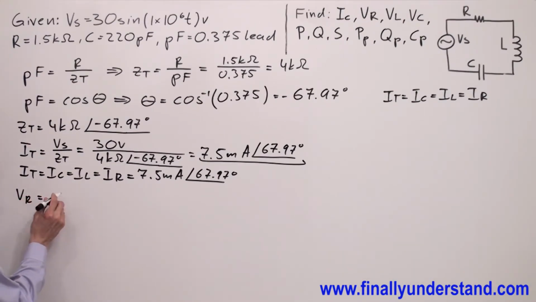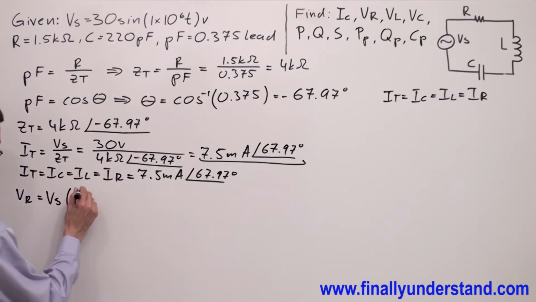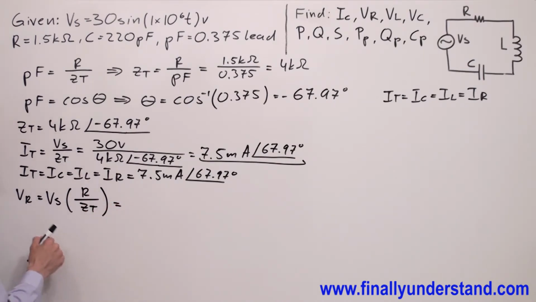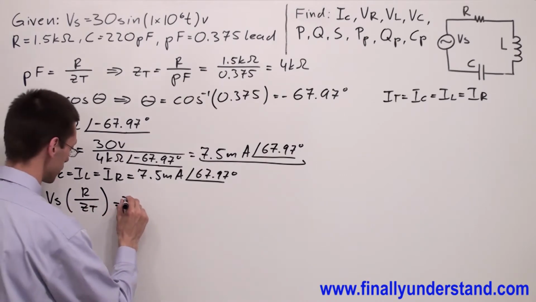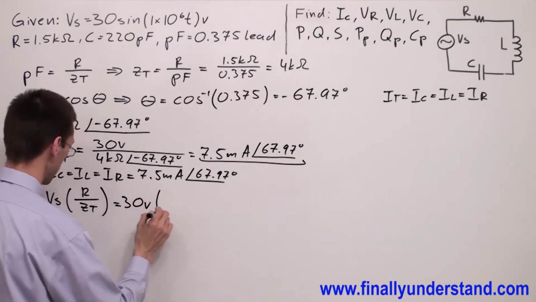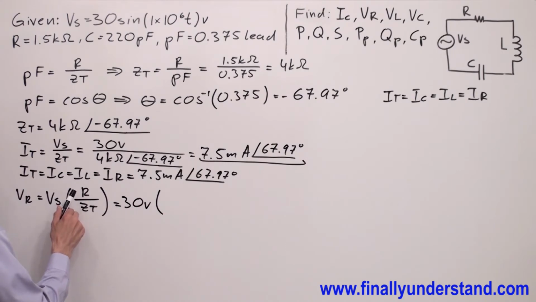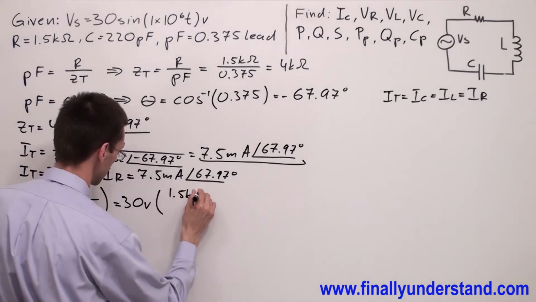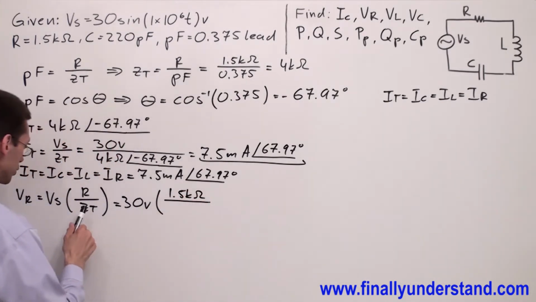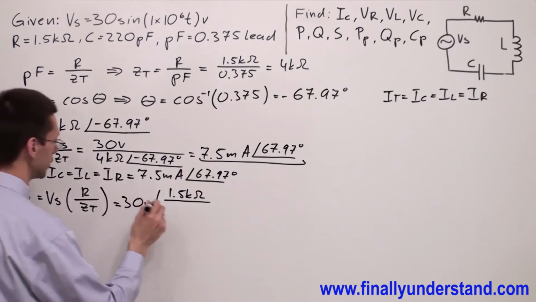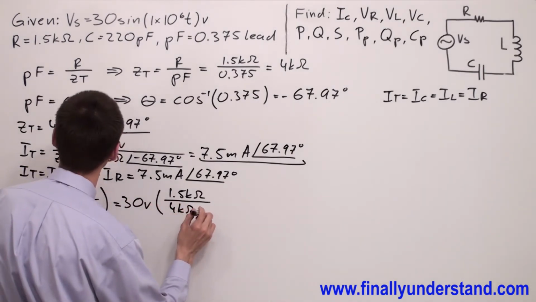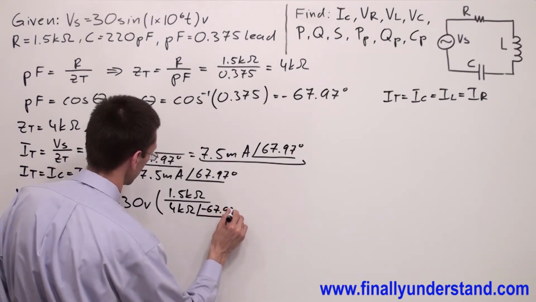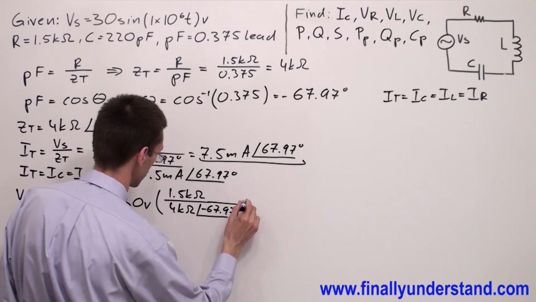That's why I'm going to write that VR is equal to voltage source times resistance over Z total, where voltage source is equal to 30 volts and resistance is equal to 1.5 kilo ohms over Z total, and we found Z total is equal to 4 kilo ohms and angle of negative 67.97 degrees.